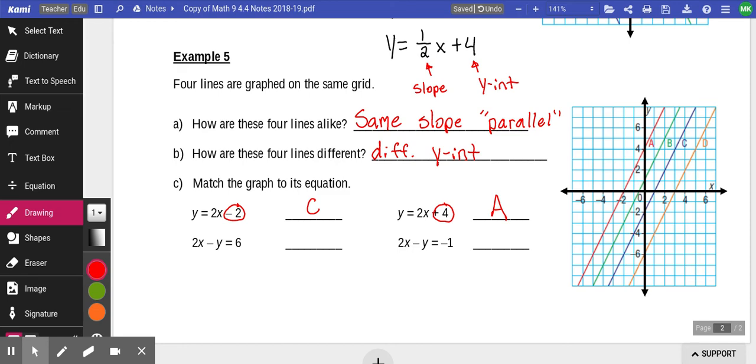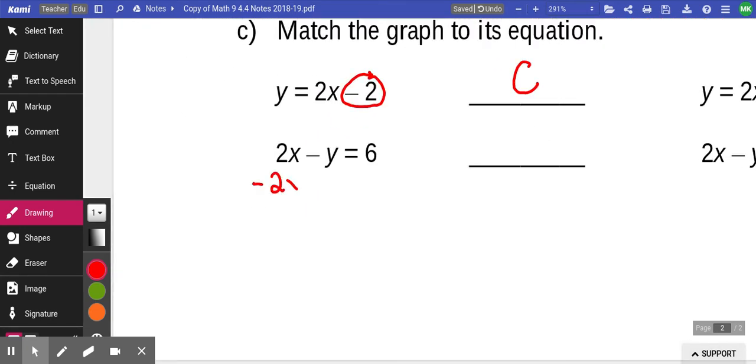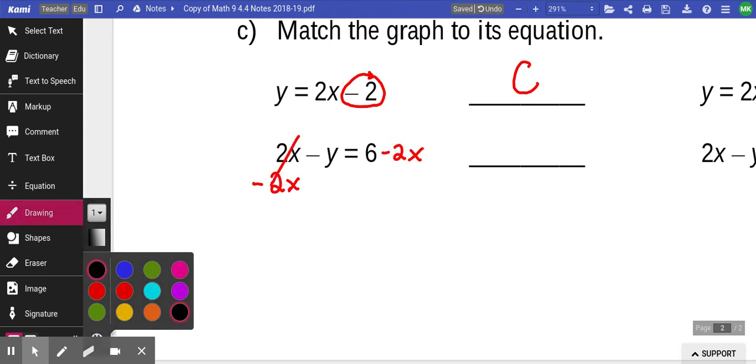The last 2, I need to isolate things, right? So I need to isolate y, get it by itself, so I can figure out the y-intercept. I'm going to do it quick for you. So if I'm looking at this, I'm going to subtract 2x from both sides. That gives me -y equals 6 minus 2x. And I'm going to divide by -1.